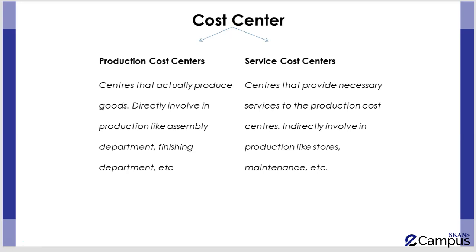Cost centers are of two types: production cost centers and service cost centers. Production cost centers are those centers or departments that actually produce goods, which are directly involved in making products, like assembly department, finishing department, cutting department, designing department, stitching department, machining department, etc. There are a lot of production departments.